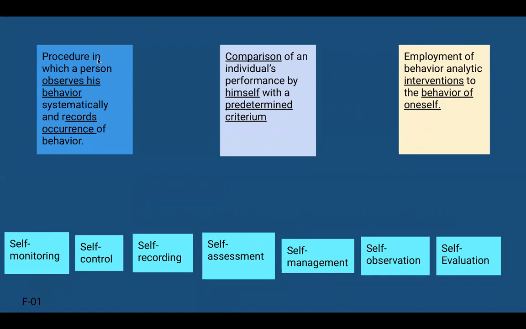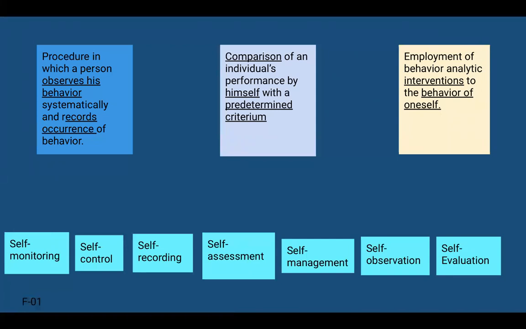One is a procedure in which a person observes his behavior systematically and records occurrence of the behavior. Which one do you think that is? Self-monitoring.